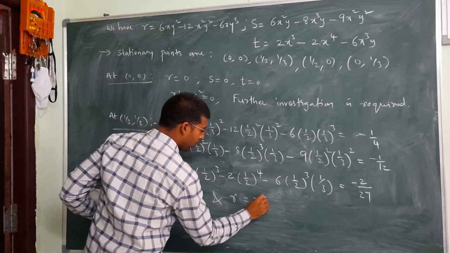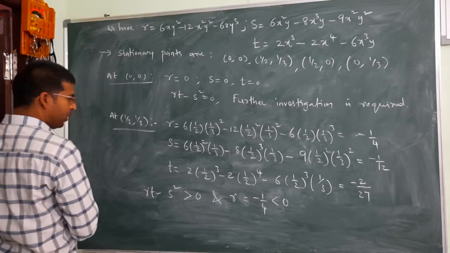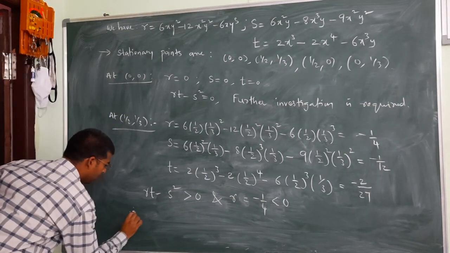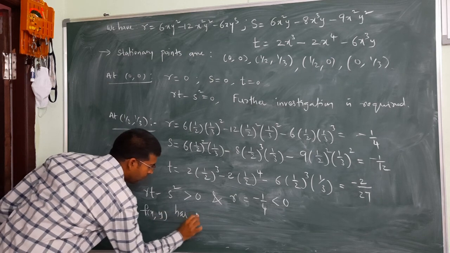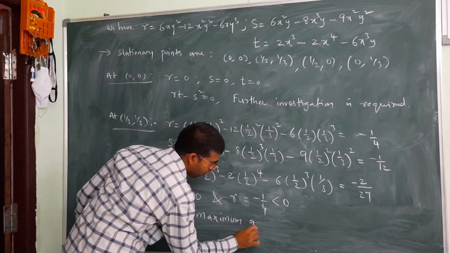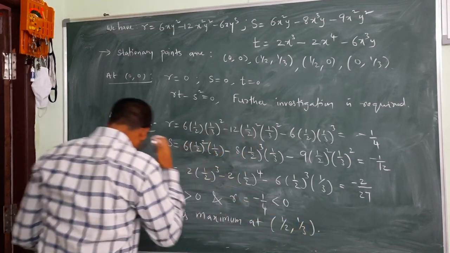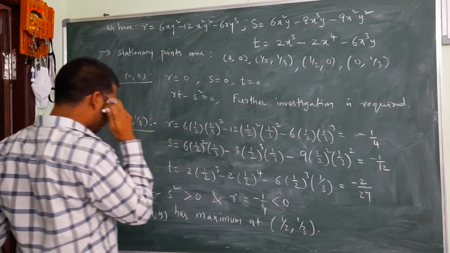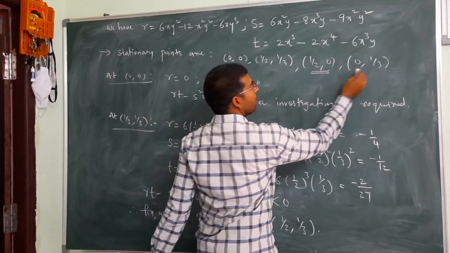Minus 1 by 4, negative. So this is positive, R negative means what? We can conclude that f(x, y) has a maximum at (1/2, 1/3), and the maximum value is f(1/2, 1/3). In a similar way you can discuss the remaining things.